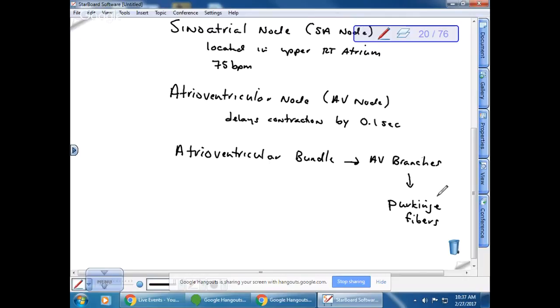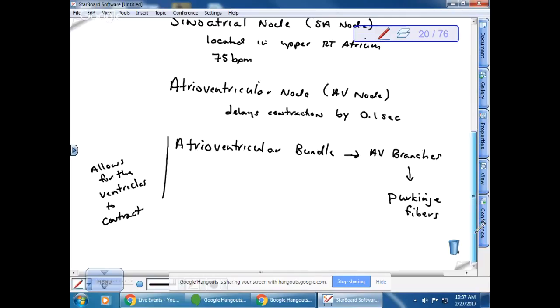We don't want the ventricles contracting from the top down because it'll force blood to the bottom of the heart, which can actually damage the heart walls. And so this part right here allows for the ventricles to contract from the bottom up. So that's the function. So this just carries the signal to the bottom of the ventricles.